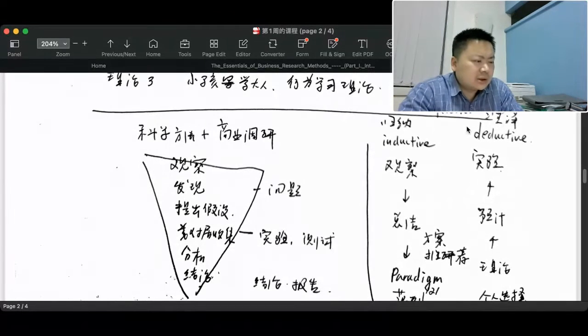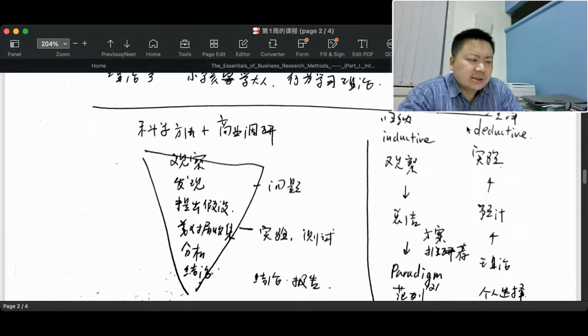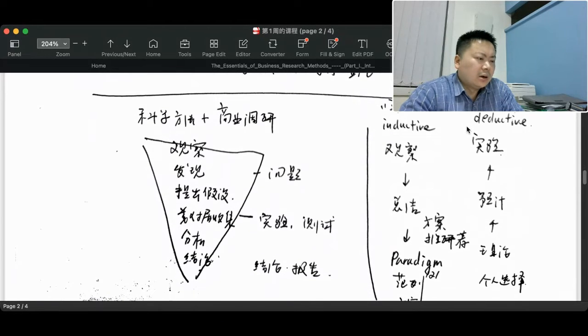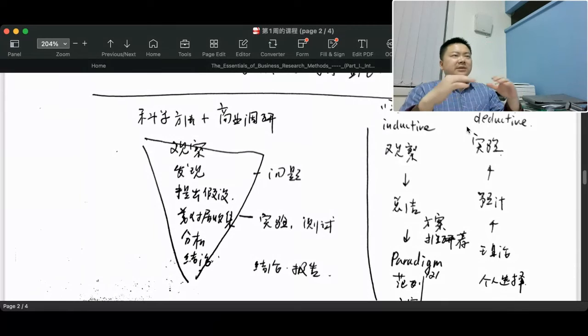Anyway, I have a new chapter. I think this is from one of the slides. The teacher raised some different questions about scientific research and business research. So it has a triangle. I think that's probably the same.